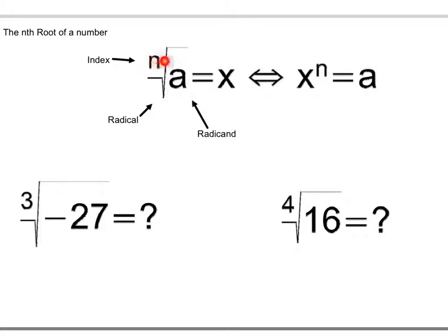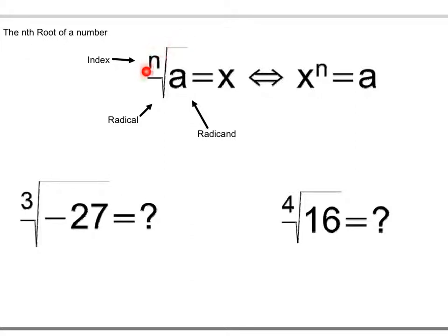So we have the index and the radicand. Those are 2 really important pieces that come together to form an entire expression, which is called a radical. Sometimes the radical just refers to the shape, what we used to call a square root symbol, but we know that it doesn't just mean square roots, so we want to expand it to mean more than just square roots, and so that's why we use the term radical.